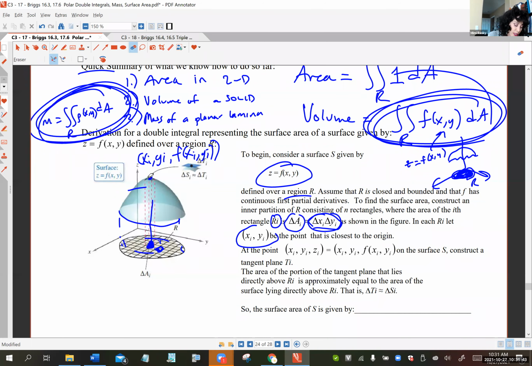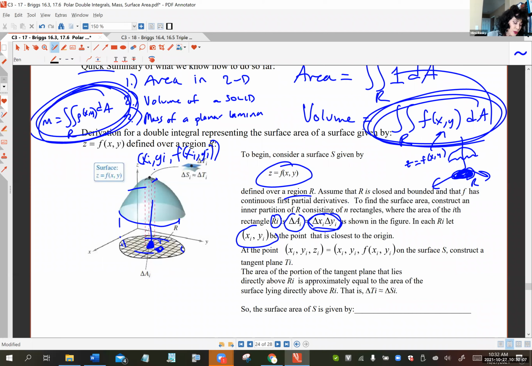Okay, what of it? Well, we're going to construct a little tangent plane there. And you guys all know about tangent planes because we did that in the last module, and you know how to come up with the equations for these little tangent planes, right? We're going to pick a little portion of that tangent plane. The reason we're looking at a tangent plane is because it's flat, and we know how to find the area of a flat little rectangle. It's just length times width.